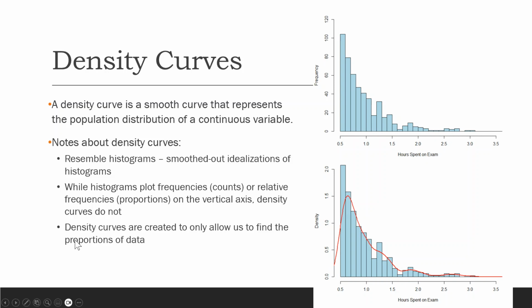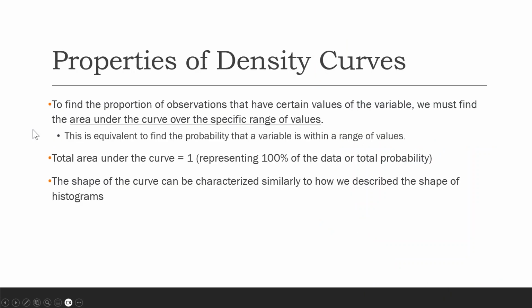But the focus of these density curves is to find proportions of data that has certain values of this variable that we have on our horizontal axis. In order to find those proportions of observations, we must find the area under the curve over the specific range of values that we're interested in.